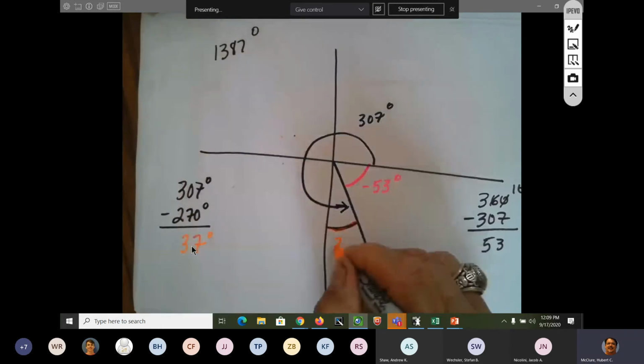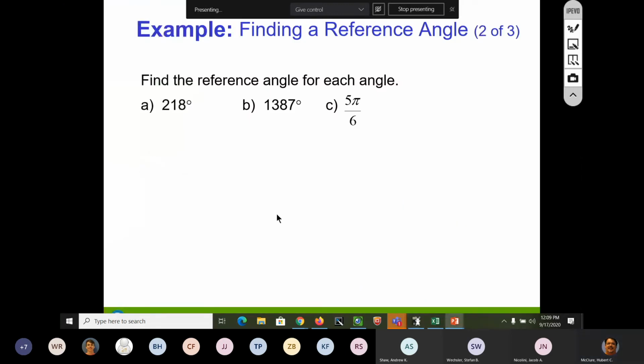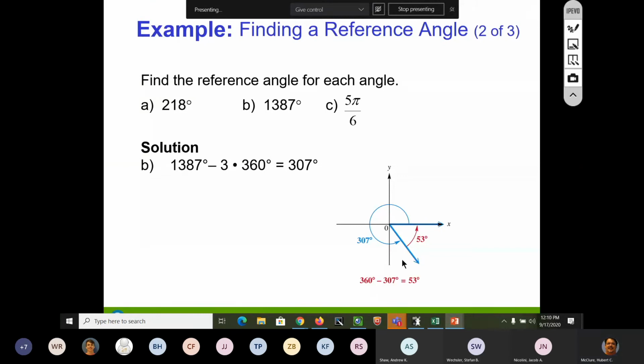And this would be 37 degrees. So it all depends on if they want it from the quadrant or from 360. Let's see what they want. 53 degrees. They wanted it from 360.